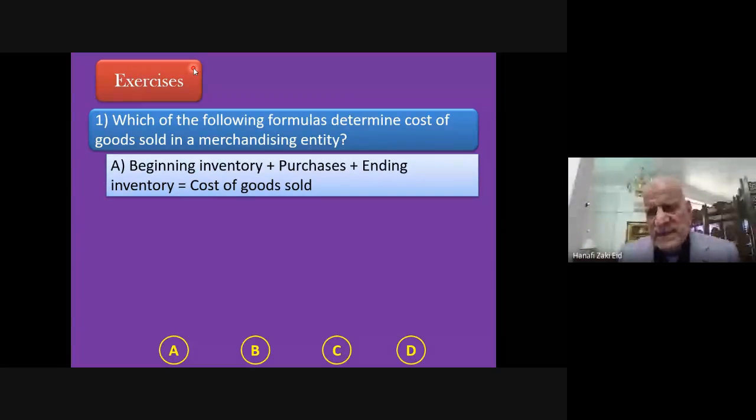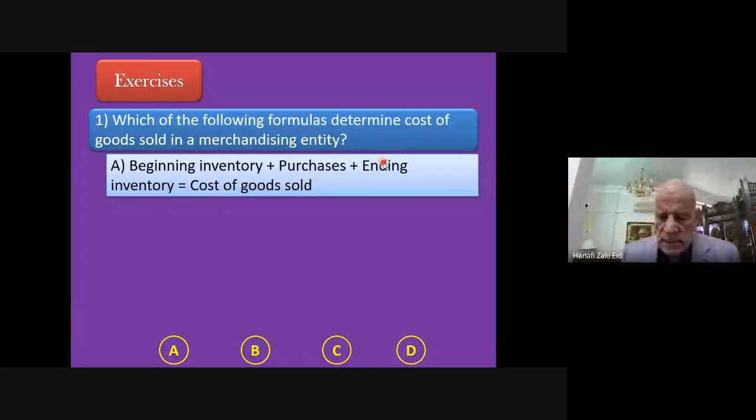Can we say that cost of goods sold in the merchandising entity is calculated by adding beginning inventory plus purchases plus ending inventory?